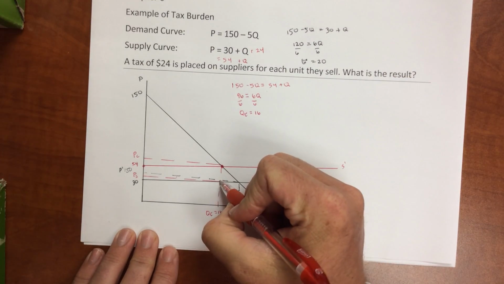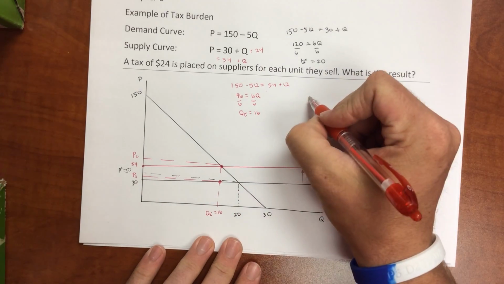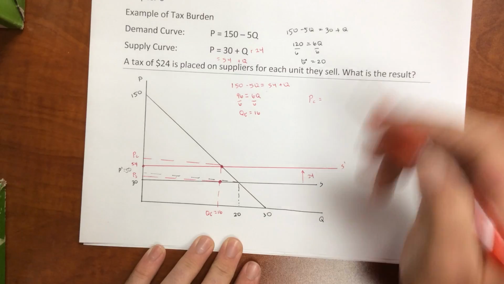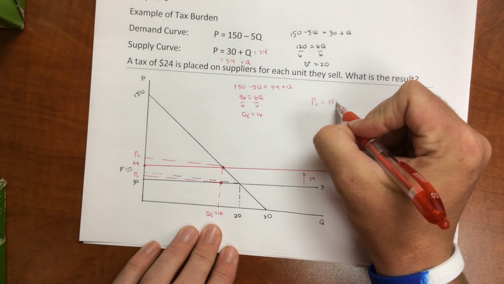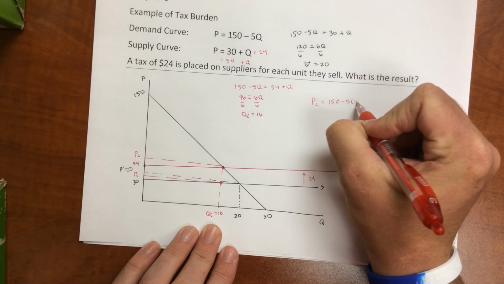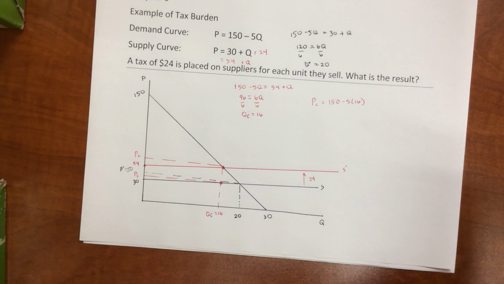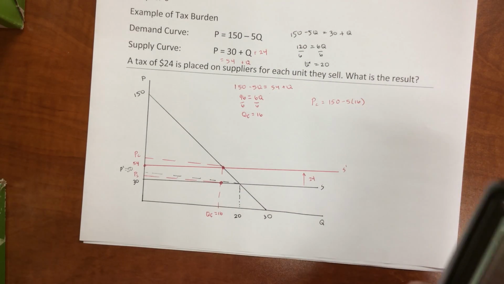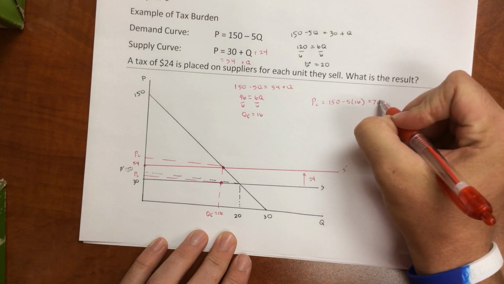Okay, where that's going to intersect the original supply equation. So to find that, the price to the consumer is equal to, take 16 and plug it into the demand equation, 150 minus 5 times 16. I'm doing this on my calculator, not my head, sorry. This is equal to 70.